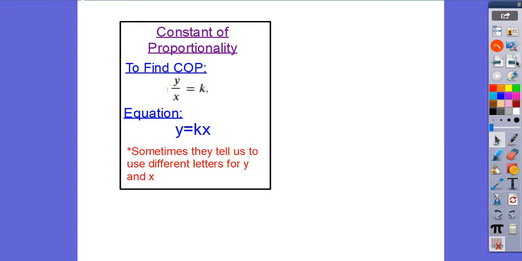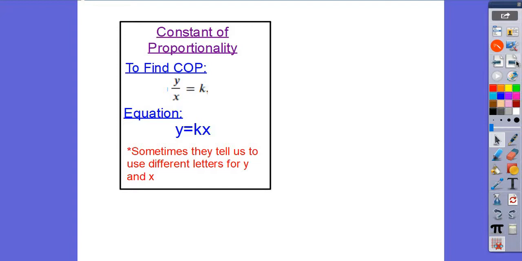K stands for constant of proportionality, because it's a whole lot nicer to write just a K than the whole phrase. So the fancy K stands for that big long phrase. Then an equation is always written y equals kx.